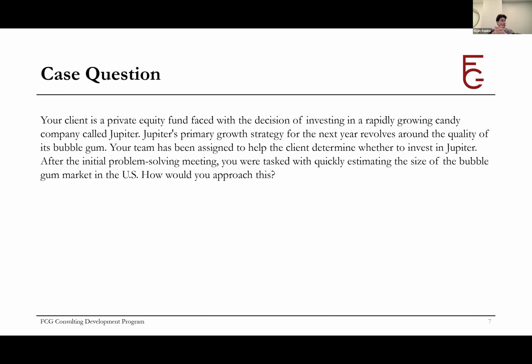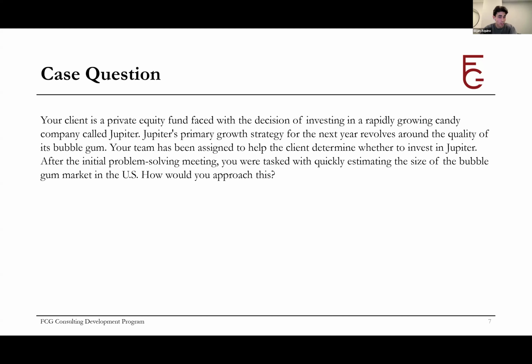What you could expect overall is that in most cases, they're going to ask you to size the market. If you're going into a growth case, like I want to grow my company, or I want to enter a new market, usually you want to analyze the market itself, and one of the questions you'll ask is, how big is that market?